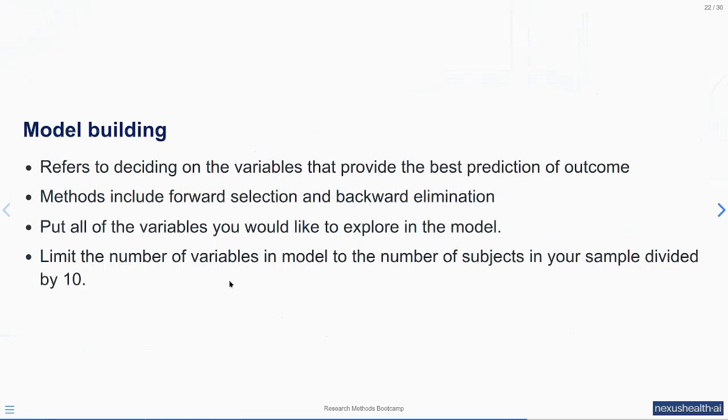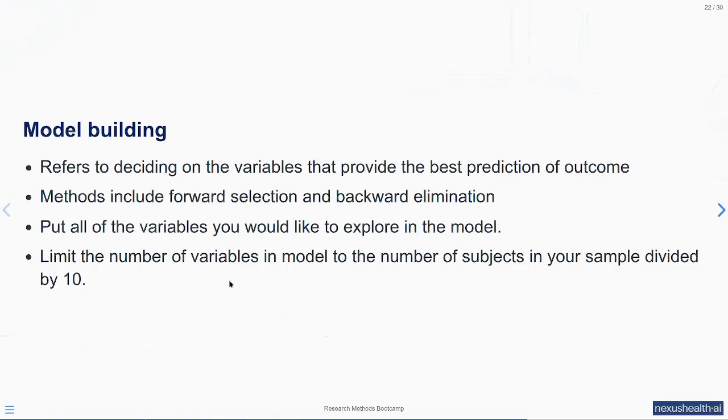Alright, so model building refers to deciding on the variables that provide the best prediction of the outcome. The methods include what we call forward selection and backward elimination. So you start by putting all the variables you'd like to explore in the model, and then you need to limit the number of variables in your model to the number of subjects in your sample divided by 10.